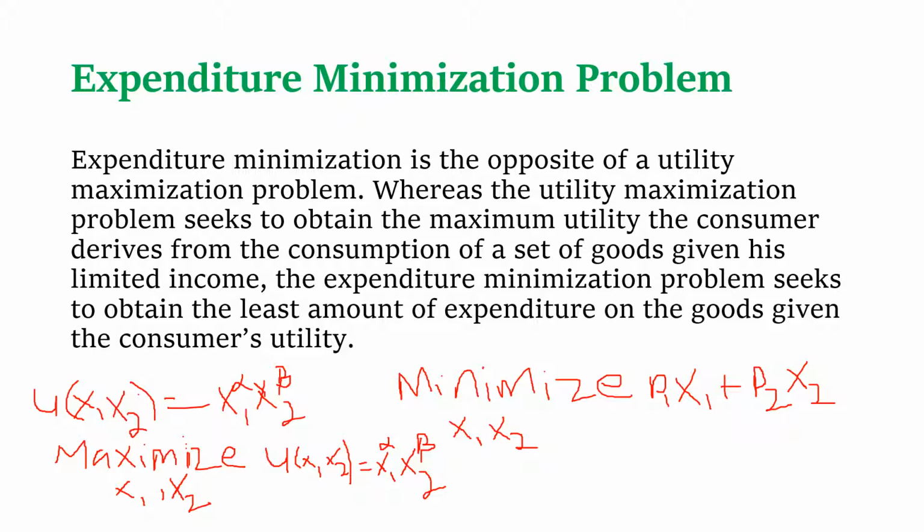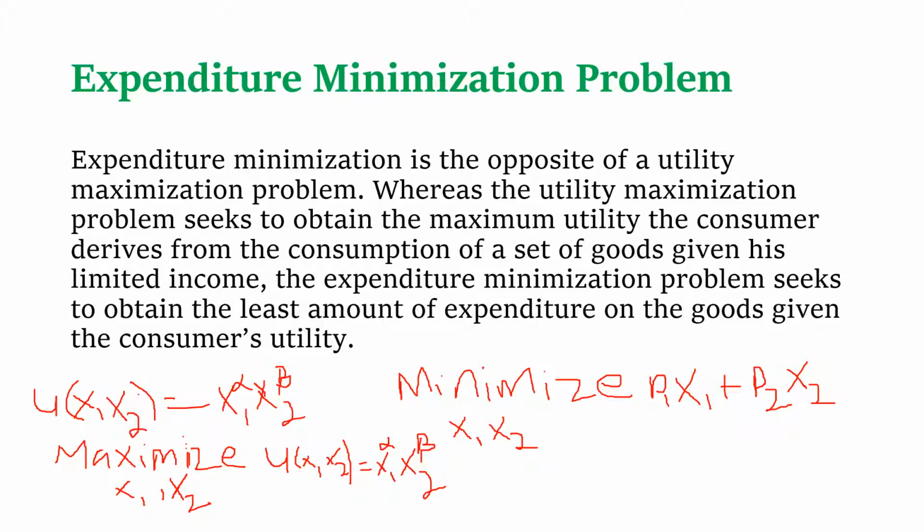The objective function of a utility maximization problem is the utility of the consumer, and the objective function of an expenditure minimization problem is the budget constraint of the consumer. Have you seen? So that's the difference here.